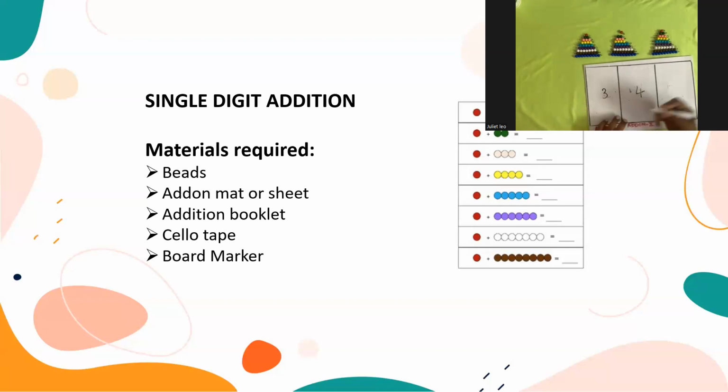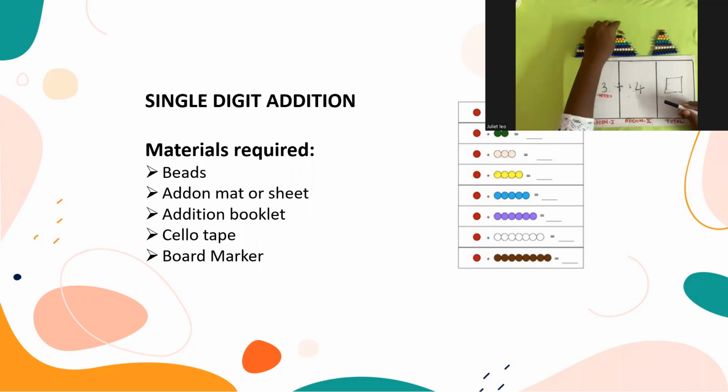To demonstrate to our kids, the child first takes 3 from the first bead stair, number 3, and 4 from the second bead stair, because we have already introduced the numbers using the same beads, so that the child can take the beads without counting them.